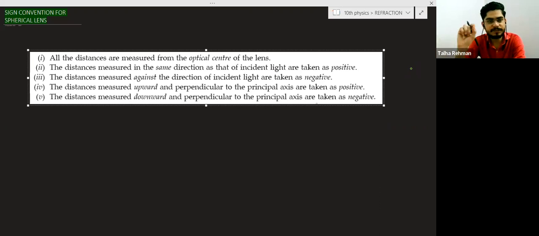Sign convention, the word convention says that you can take the sign according to you also. If there is a sign convention, this is not required that the sign convention I am telling you should follow for solving the numerical only.